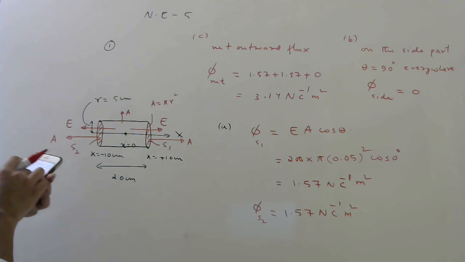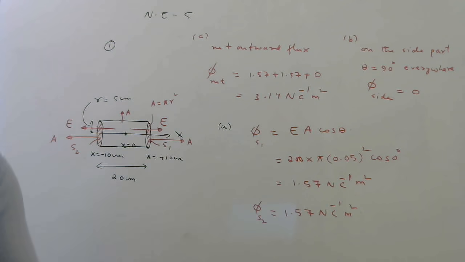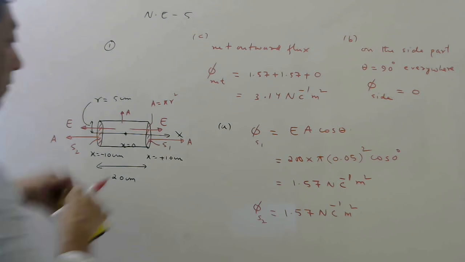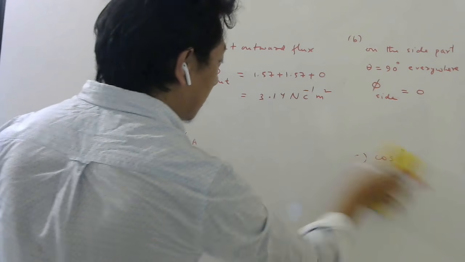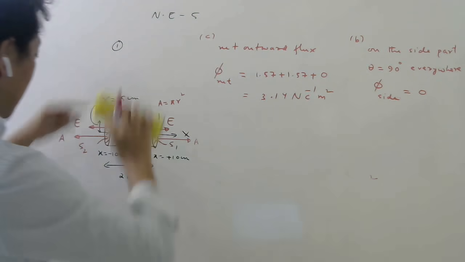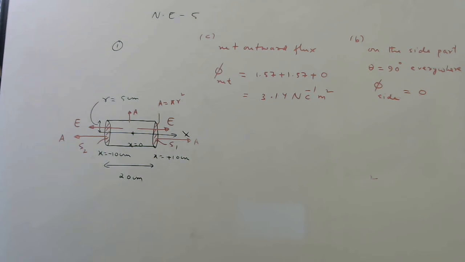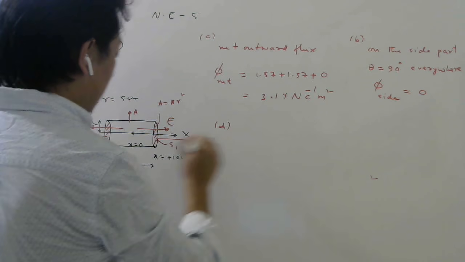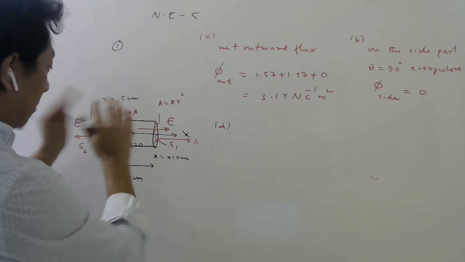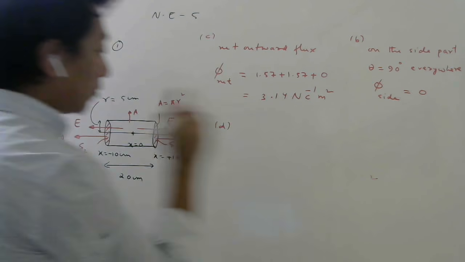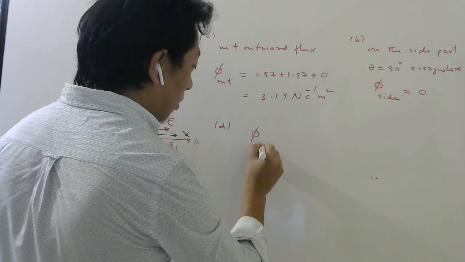Now let us see the last part. So what is the last part? In the last part, they are asking you what is the net charge inside this cylinder. Since this is a what kind of surface, if you include this side, then it becomes a closed surface. So for a closed surface, what does Gauss law say?